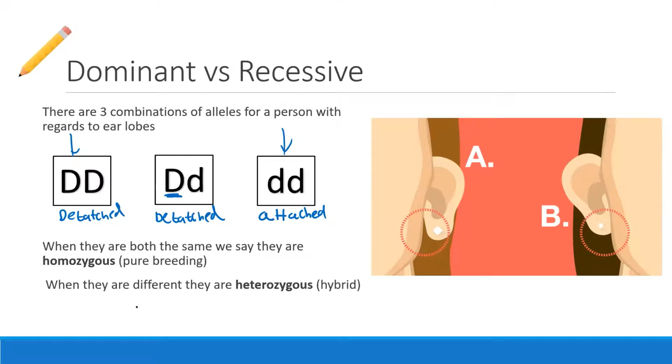This is a dominant D, a big, muscly D. I'm trying to draw an arm with huge muscles. Because this is a dominant D, it's going to crush this lowercase d. So it turns out that it is detached. Okay?